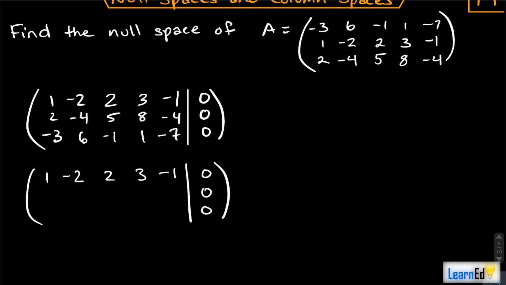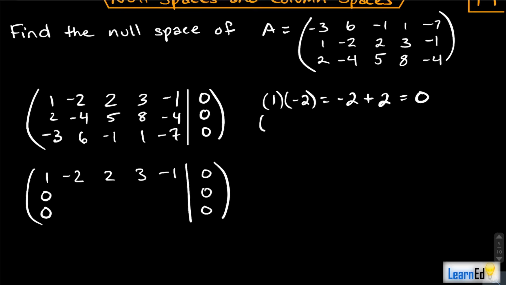So what we're going to do here is make the entries in the first column under the pivot 0. And to do that in the second row, we multiply the 1 by -2, and we got -2 off of that. We add it to the entry in that row, and we get 0. So that gives us our 0 here.